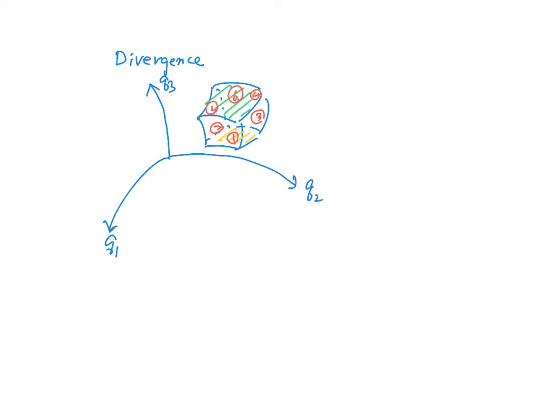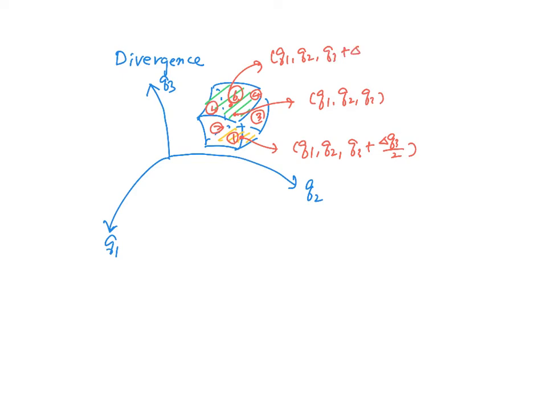And let's say the center point is given by Q1, Q2, Q3. And the surface 1 is Q1, Q2, Q3 plus delta Q3 over 2. And the center is given by Q1, Q2, Q3 plus delta Q3 over 2.